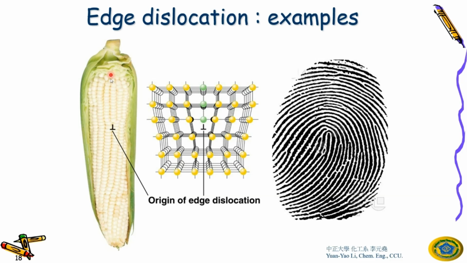This one is the dislocation half plane, because if you didn't have the extra plane, this would pack together. Also your fingerprint here is a dislocation line, something like this.